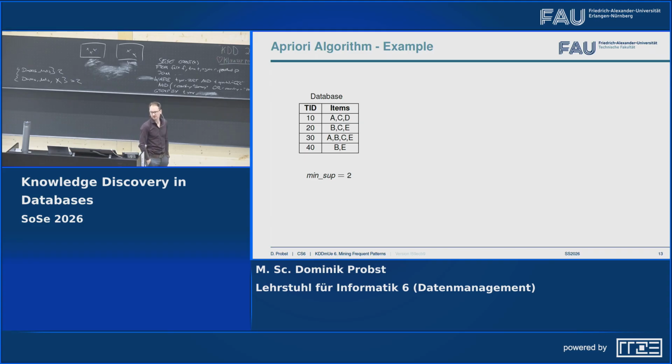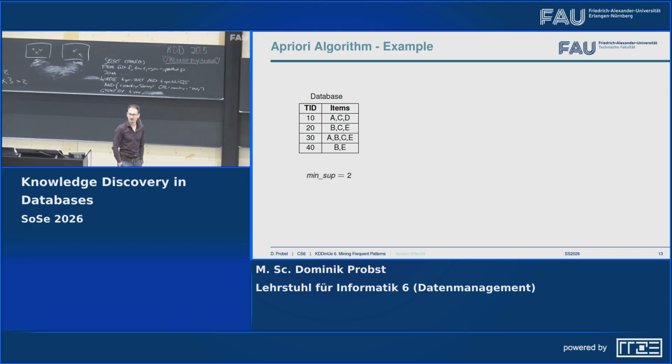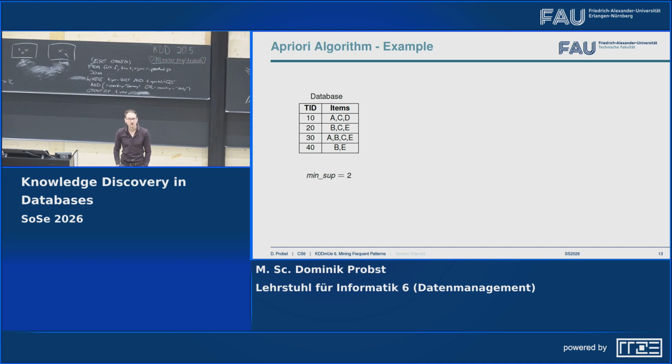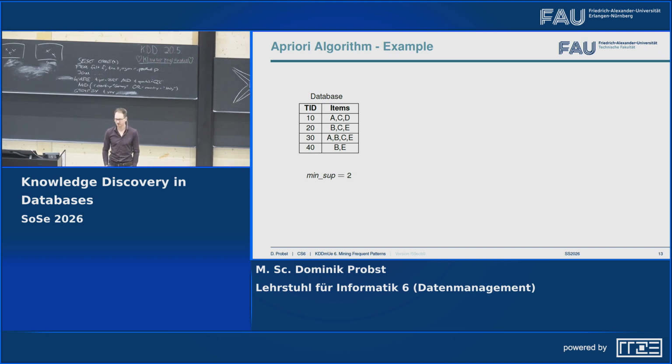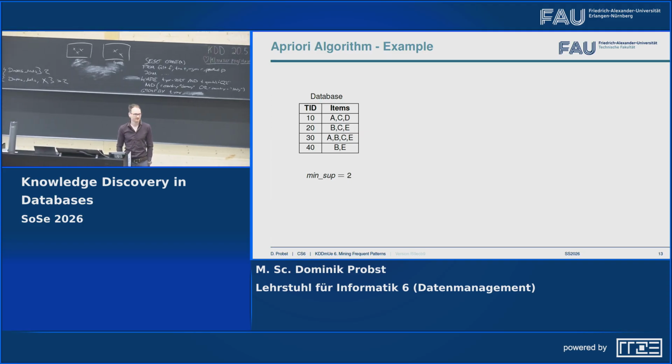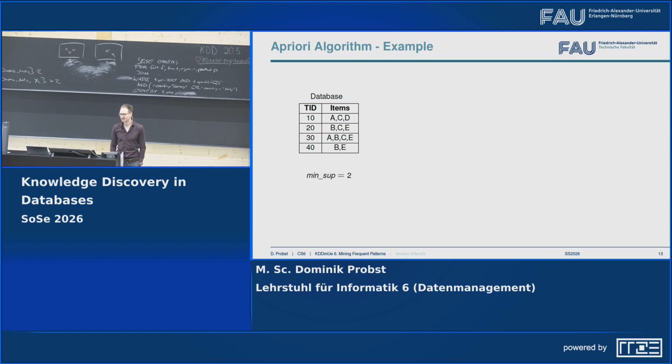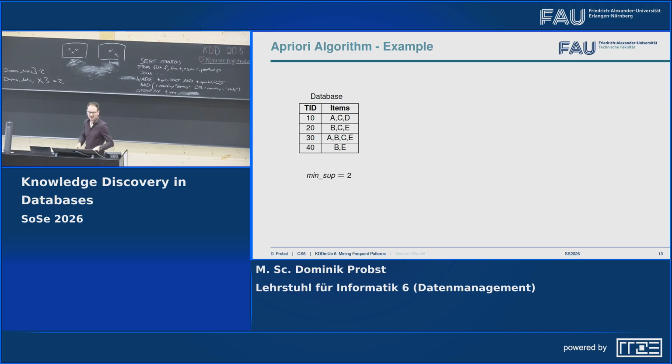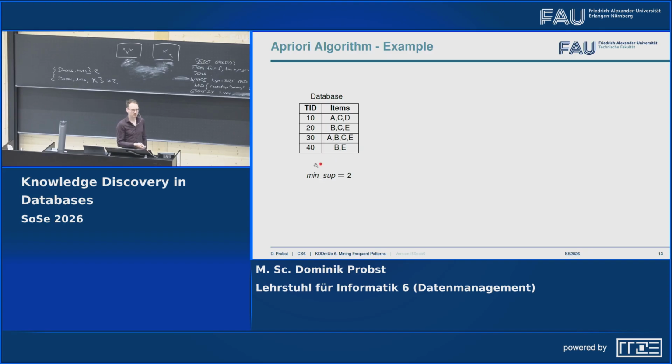Let's start with a transactional database containing 4 transactions. And for simplicity, we have only items A, B, C, D, E in here, okay? Every letter is a single item in this case. We have the min support defined as 2.